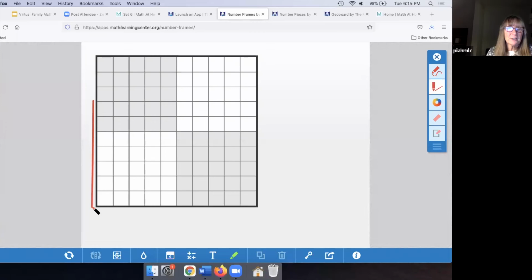So when I talk to even fifth graders sometimes, and I say, what facts are difficult for you? Often they choose the sevens and the eights. So I can use an array, an area model, to build out 7 times 8.